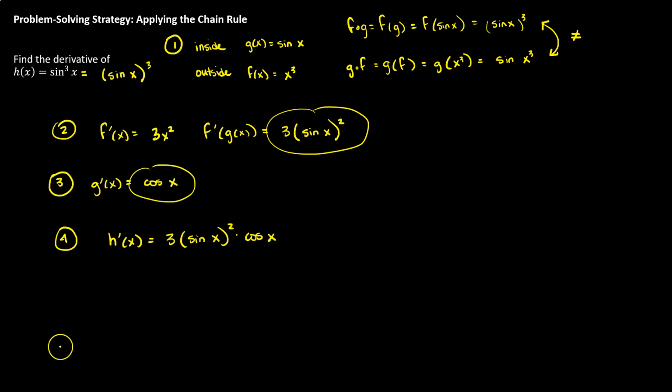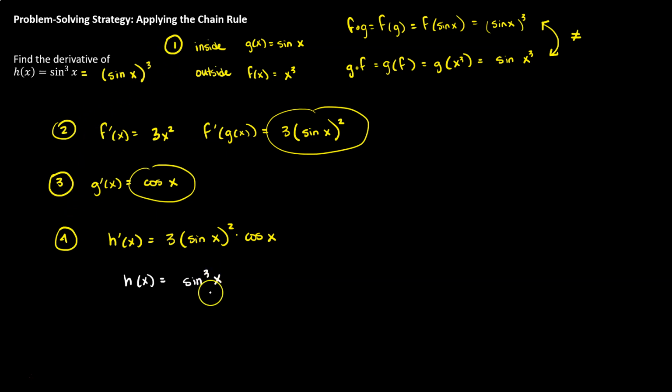Now something that I see when using the chain rule is that if we're comparing our original function to the derivative, with practice, we don't really have to write out steps 1, 2, and 3.